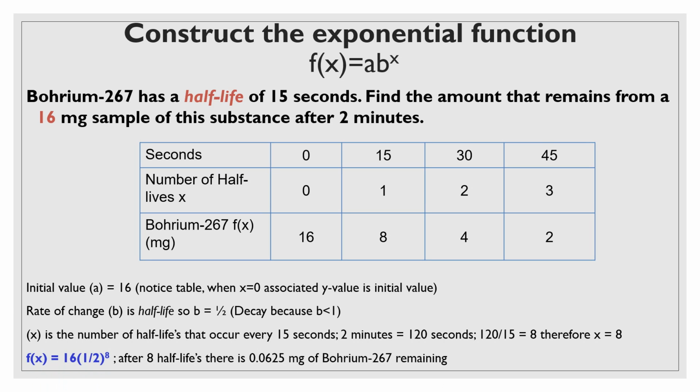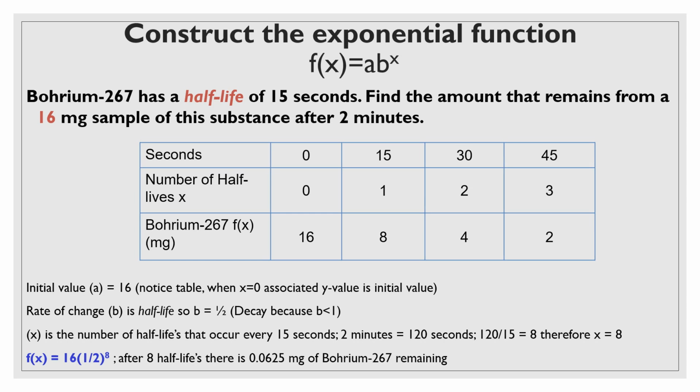So substitute: f of x is equal to 16 times 1/2 raised to 8. Then there would be 0.0625 milligram of barium-267 that remains after 2 minutes. So the function is f of x is equal to 16 times 1/2 raised to x.